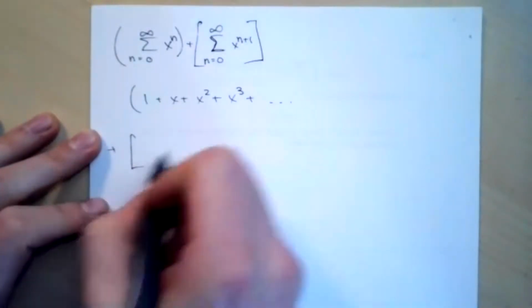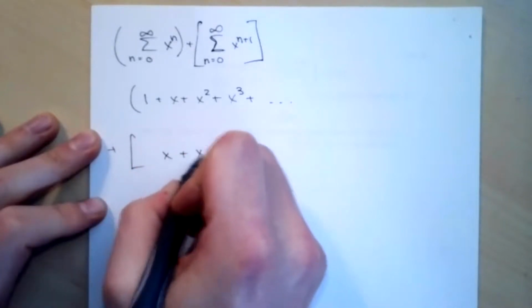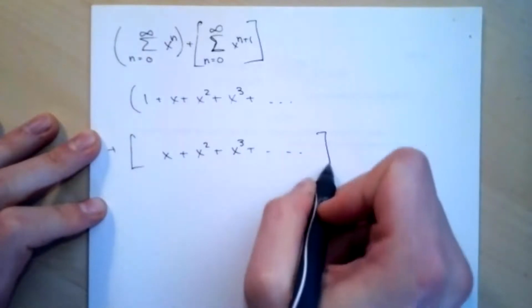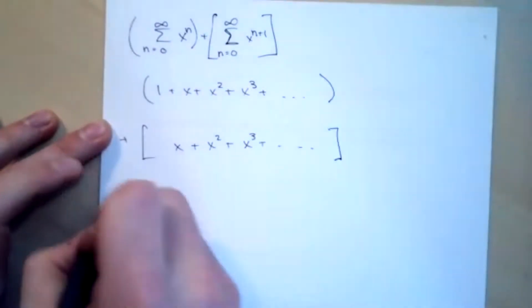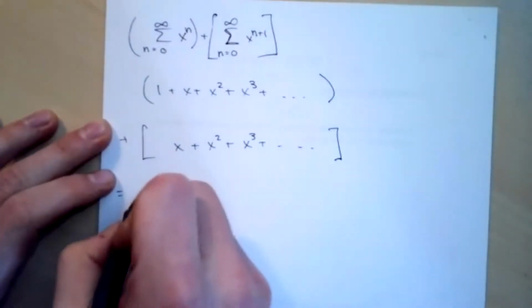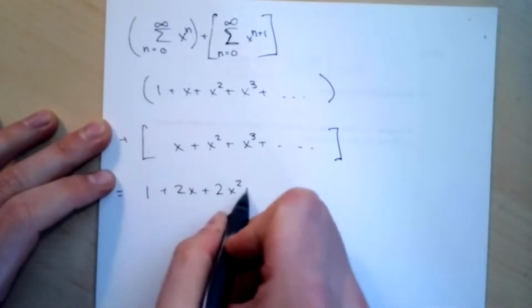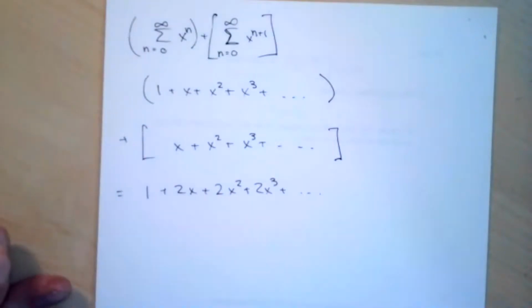And then the next one, we have the same thing, except we start at x plus x squared plus x cubed, and then of course all the way up to infinity. So we could combine all the terms. And now we could try to write it as a series.